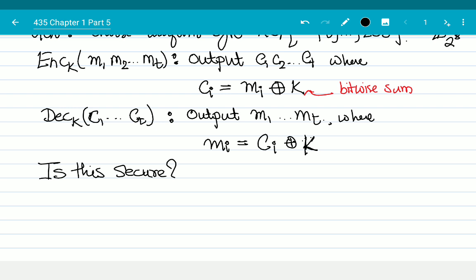The answer is no. Only 256 possible keys. So even a brute force algorithm is going to render this encryption useless pretty fast.